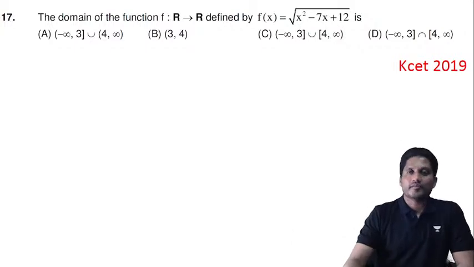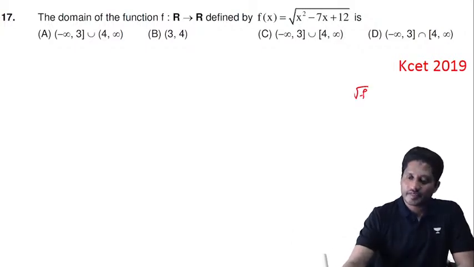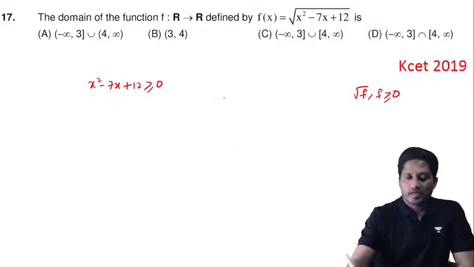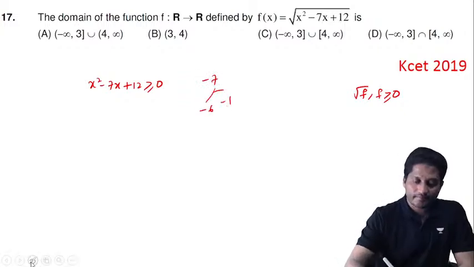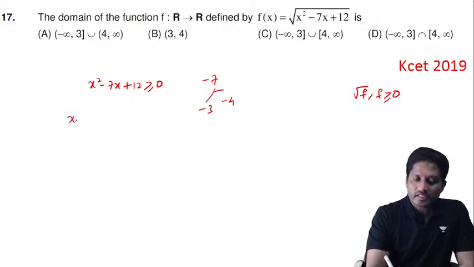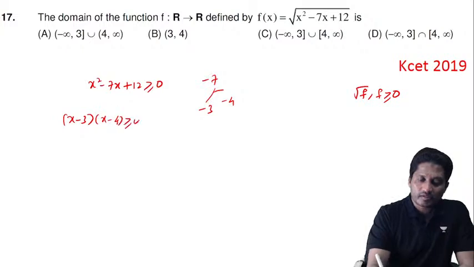I'm supposed to find the domain. The root of f is defined only when f is greater than or equal to 0, right? So this means that x square minus 7x plus 12 is greater than or equal to 0. If I split the middle term, minus 4, minus 3. So I can write this as (x minus 3) into (x minus 4) should be greater than or equal to 0.